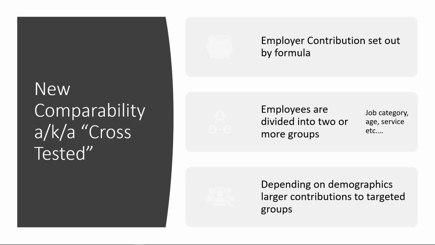Believe it or not, under a new comparability plan, each individual employee can be his or her own group. And so you are able to target things, but sometimes, depending on the demographics, you may not be able to get the desired result.